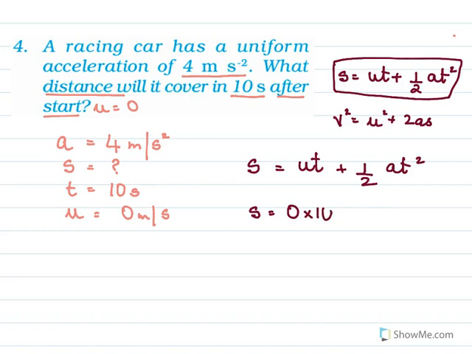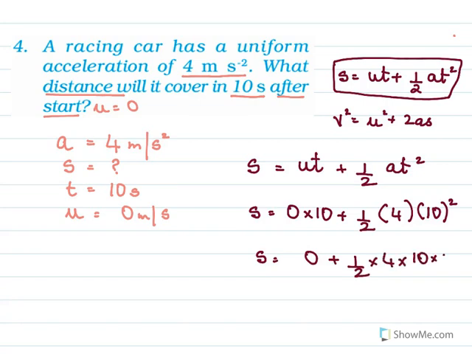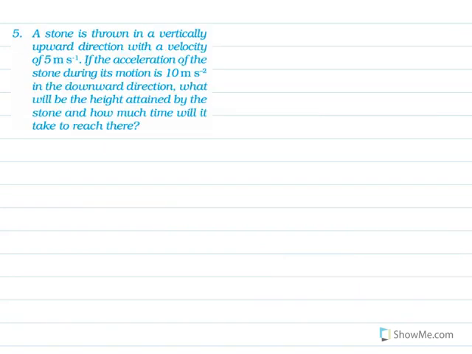So s equal to u, your u is 0, the time is 10, plus half, the a is 4, and the t was 10 square. So s equal to 0 plus half into 4, 10 square is 10 into 10. Now when we cancel this out, we will get 200 meter. So the distance traveled is 200 meter.